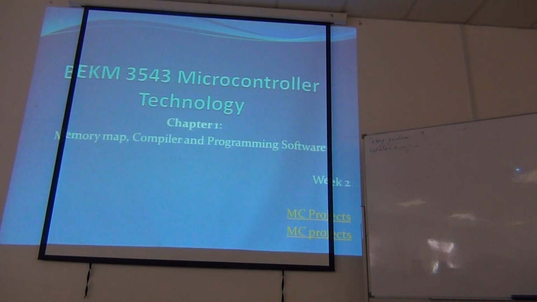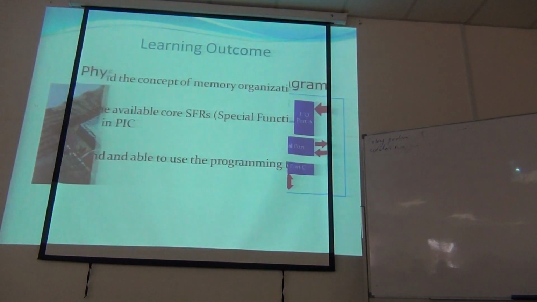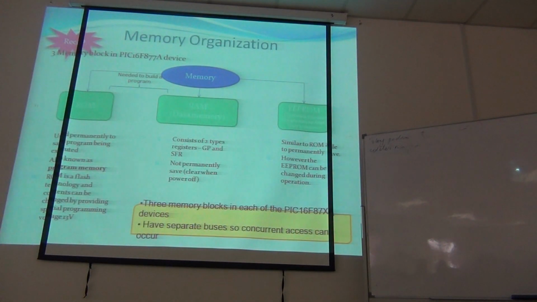Okay, let's start to complete the first chapter for the I/O. So I flashback the last chapter. We have to go to this one first before we go for the programming part. Last time we talked about the memory: the RAM, ROM, and the EEPROM.